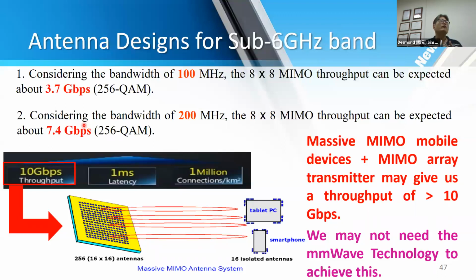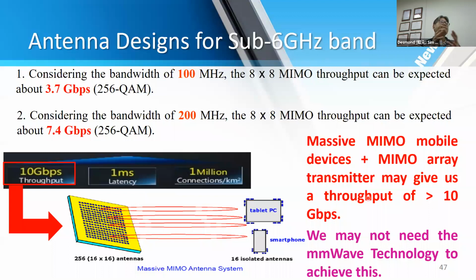Very soon we will go up to 10 gigabits, which, if you still remember, is the first criterion for 5G technology. Remember, there are 3 criteria: 10 gigabits throughput, 1 millisecond latency, and 1 million connections per square kilometer. So indeed, we can use a massive MIMO mobile device plus a MIMO array transmitter, and it will definitely give us 10 gigabits per second.